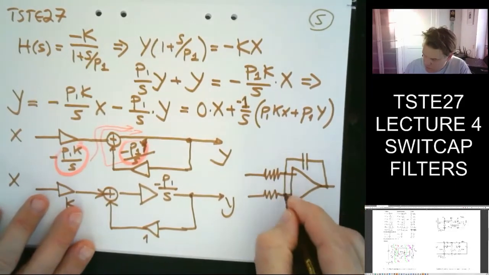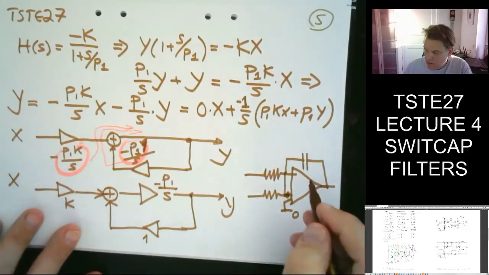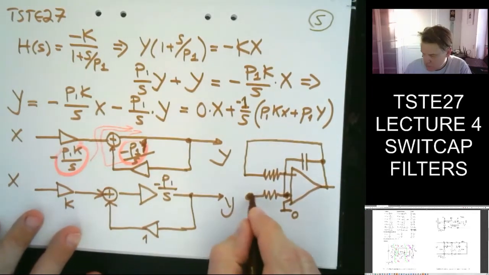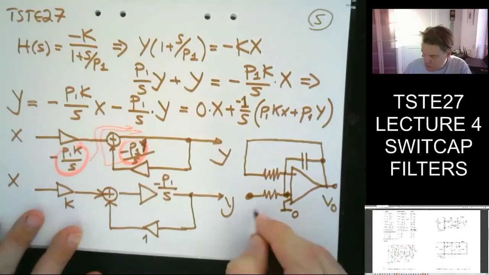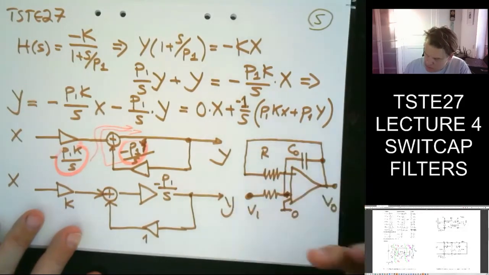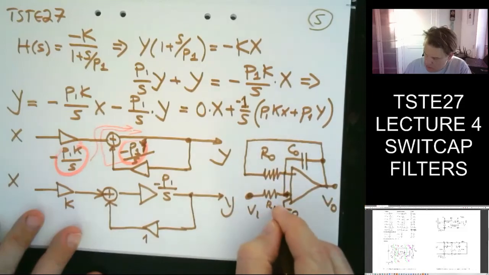Oops, sorry, this should obviously not be there. It should be the ground. Like this, and this guy also connects to the output then. Okay, V0, V1, C0, R0, and R1.